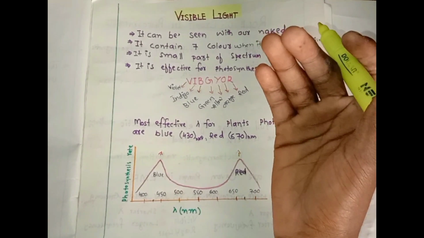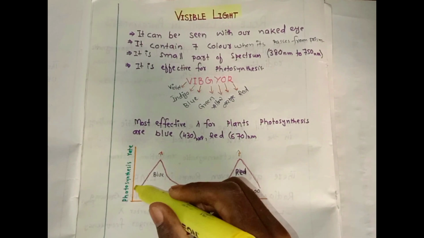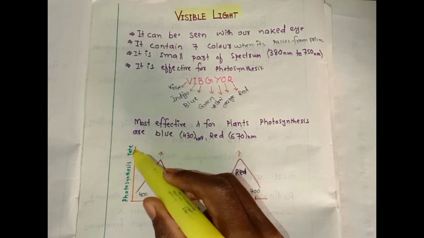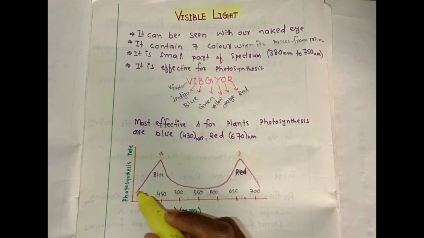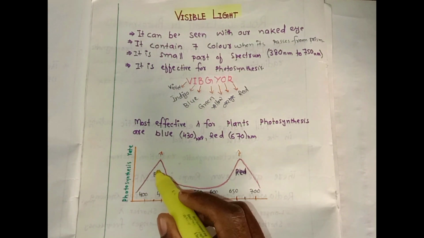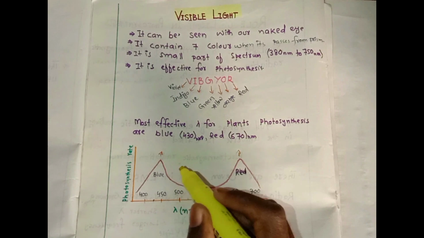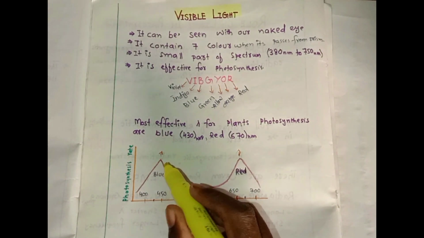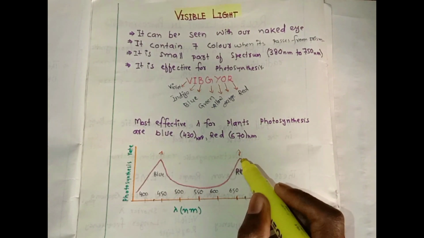Which light is most effective for the photosynthesis process? Here we have a graph. On this side is the photosynthesis rate, and on this side is the wavelength of the color. During photosynthesis, blue has a wavelength of about 430 nanometers, and the rate then decreases and rises again when it reaches red color.